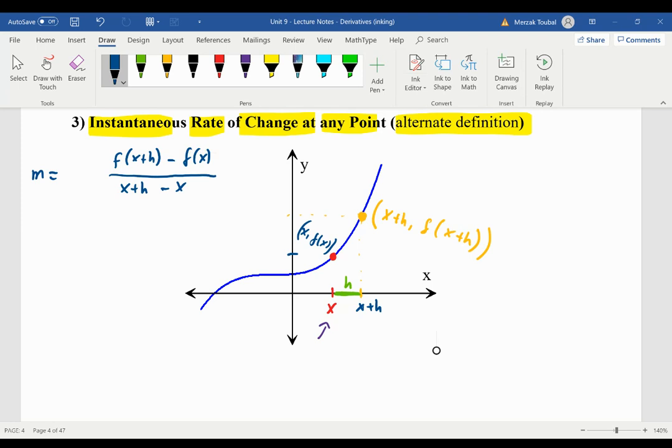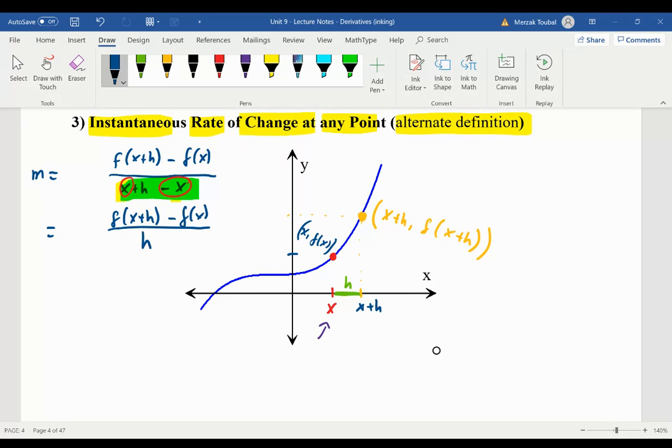And we want to simplify, so f of x plus h minus f of x remains the same. However, on the bottom, we got x and x. x minus x is 0, so the only thing that remains on the bottom is h.